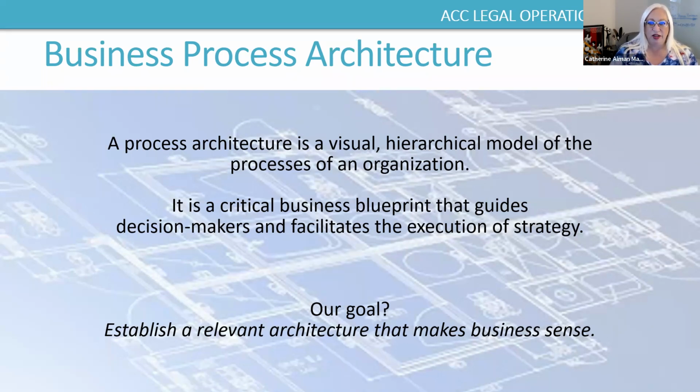Do they touch each other? Do they intersect? Do they parallel each other? It really gives us this blueprint from which we can make better business decisions and allows us to align what we are doing, both strategically and tactically, with the direction in which we want to go.